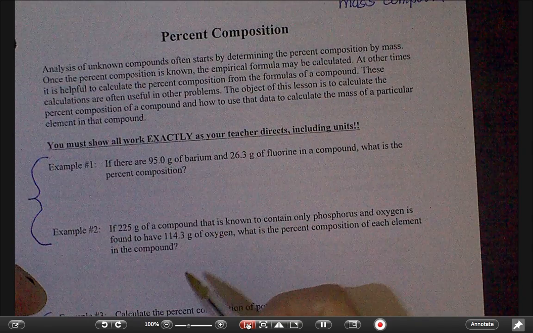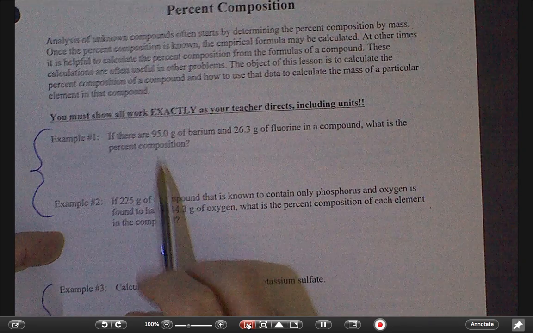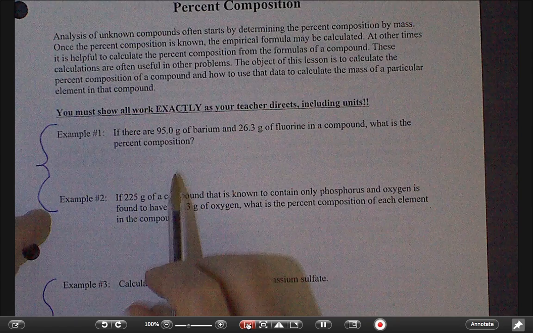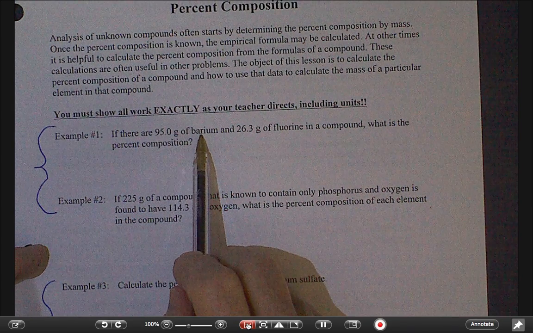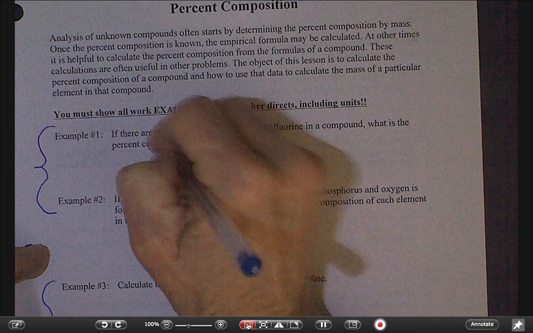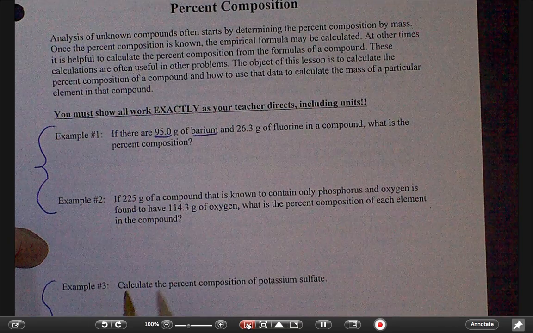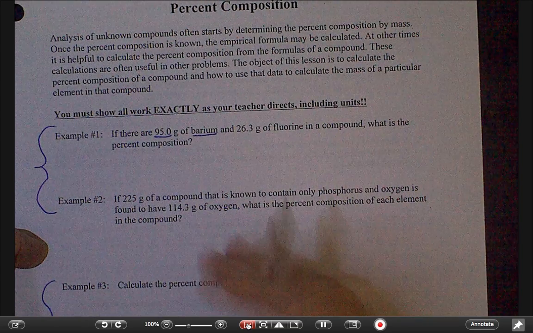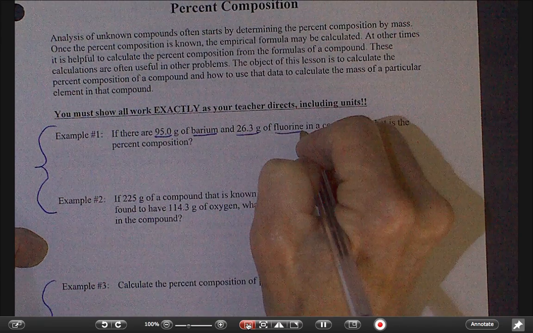Everybody caught up with me? Okay, what did they give us? Now here's your analysis part, kids. They gave you mass of who? So this is one of your individual elements, isn't it? We don't know the compound formula, but we have masses of the 2 individual elements: barium and the grams of fluorine.